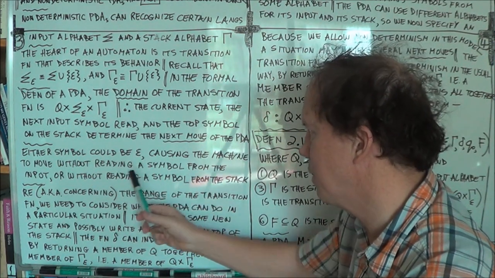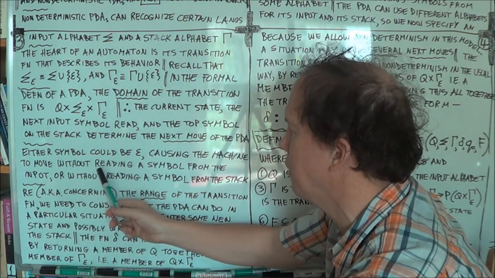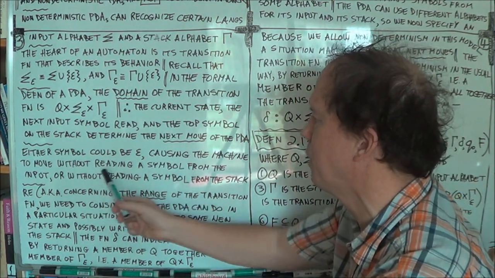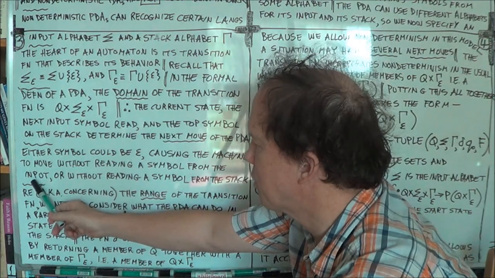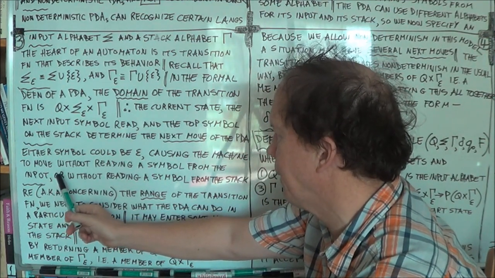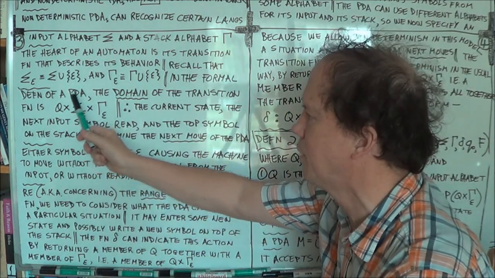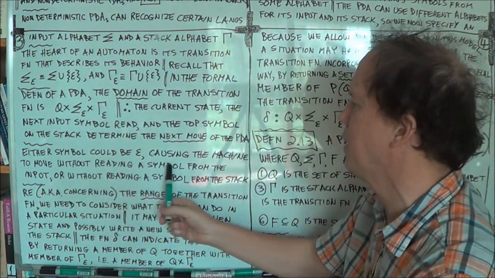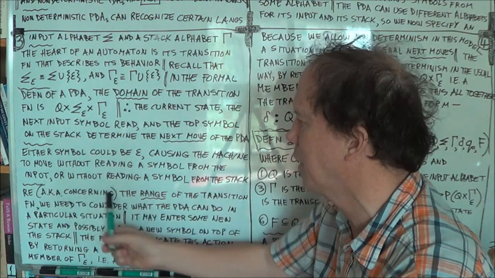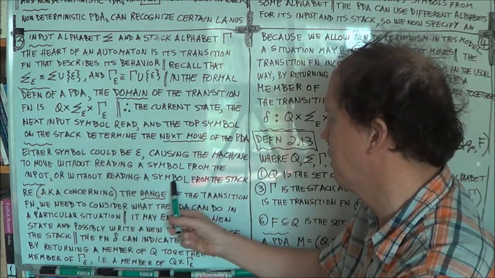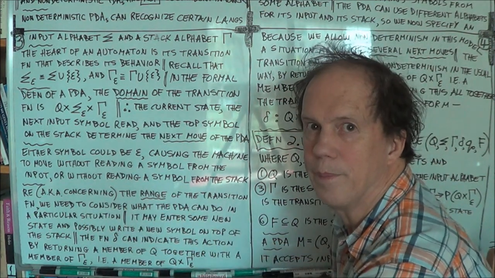That means you could do a move, so you could have your output from the delta function, without reading the symbol from the input stream, or without reading the symbol from the stack.